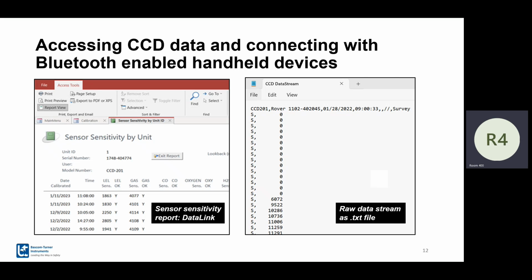On the left-hand side, this is our own software, a piece of software called Data Link for Access, and that can be used to pull readings directly off. Our units store at least 6 months of readings data, and the last 24 calibrations. What you see right here is a sensor sensitivity report from one of our CCD units. Sensor sensitivity is a really effective way to predict sensor life.